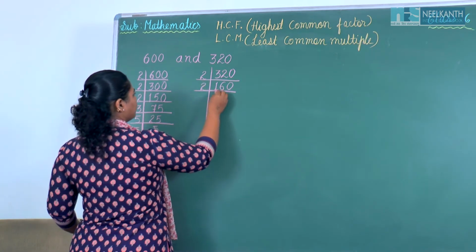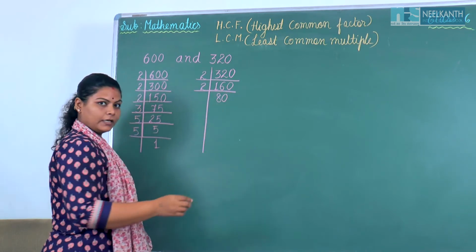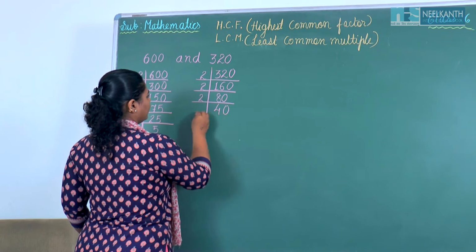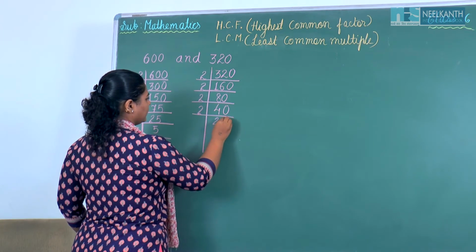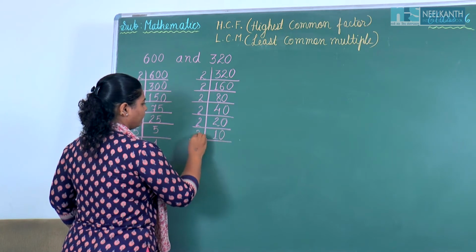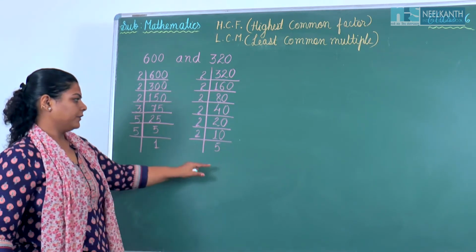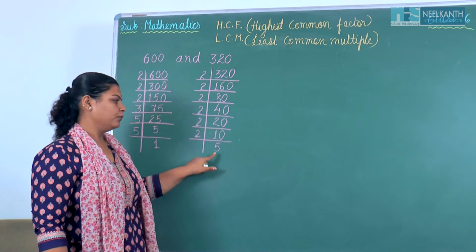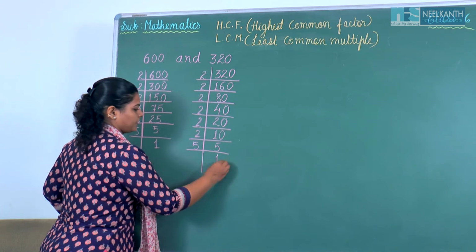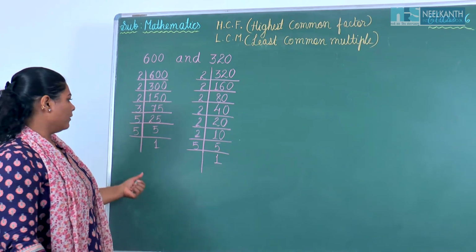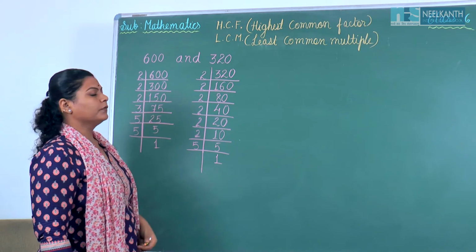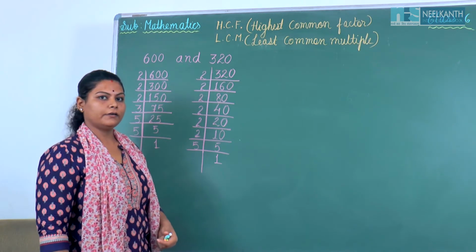Again this is divisible by 2, we will get 80, 40, 20, 10 and 5. Now we can see here it is 5, so it is not divisible by 2. We will divide 5 by 5. So 5 ones are 5. We have found the factors of 600 and 320.